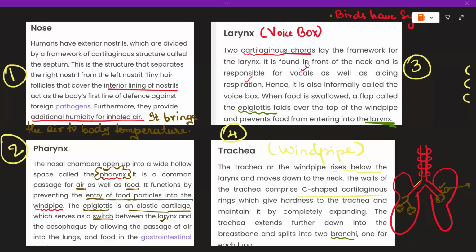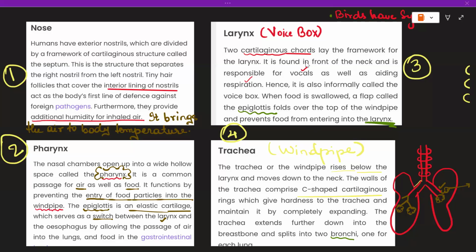Ask. Ma'am, in the larynx, they are saying that the epiglottis folds over the top of the windpipe and prevents food from entering the larynx. And in the pharynx, they are saying that its function is to prevent the food particles from going to the windpipe. What is this used for?